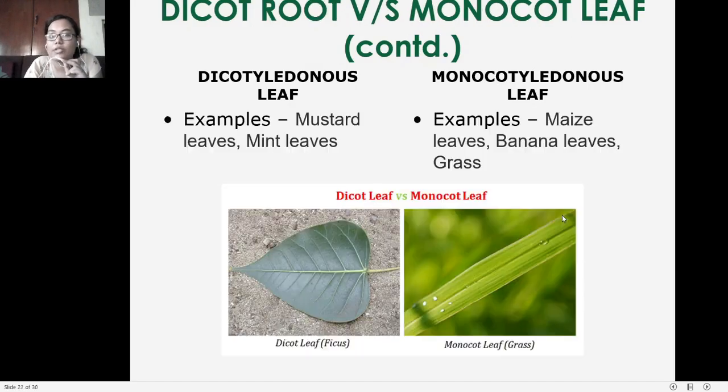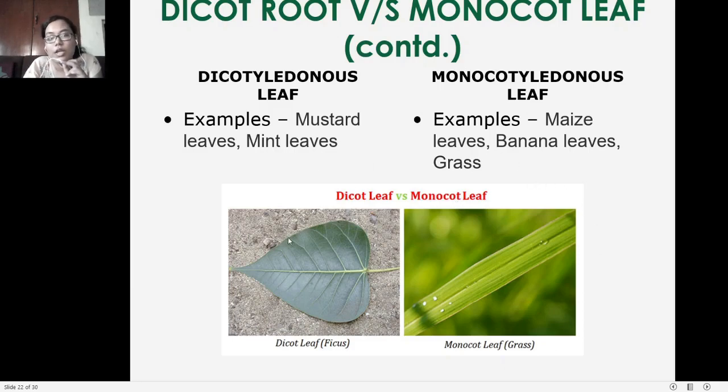Now let's come to examples. Here examples are mustard leaves, mint leaves, and in monocot we have maize, banana leaves, grass. So here we have given few pictures of the external morphology, by which seeing them you can identify dicot leaf or monocot leaf.